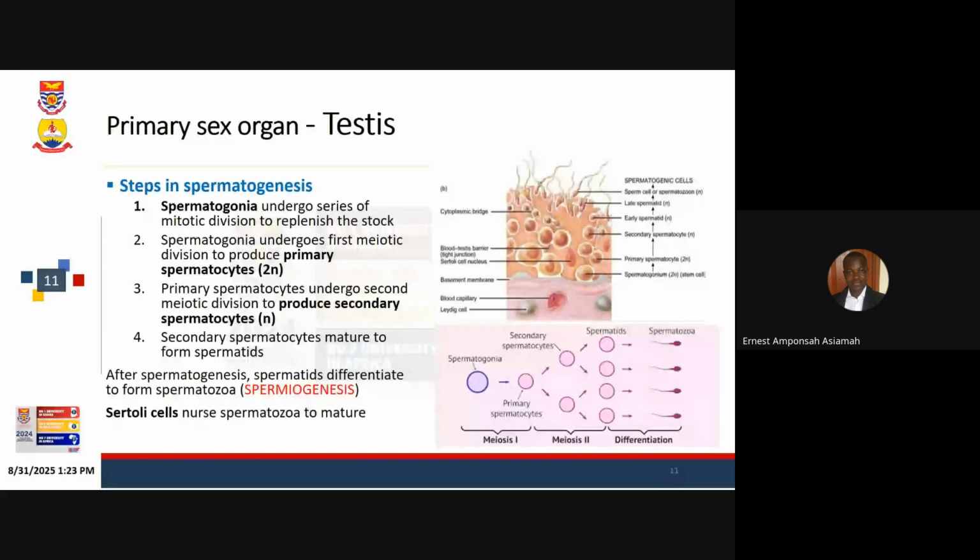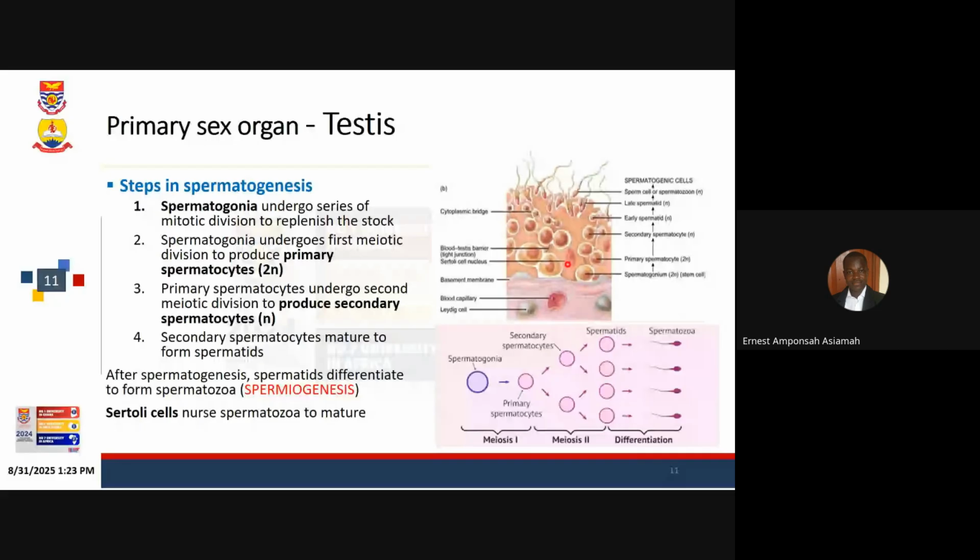Now, in the seminiferous tubules, there are supporting cells. We call them the Sertoli cells or sustentacular cells. These Sertoli cells support the development of the sperm cells.